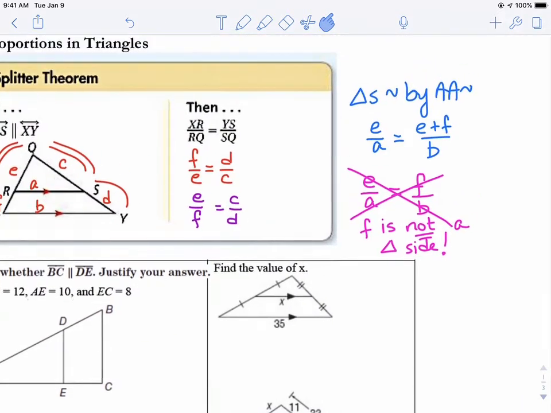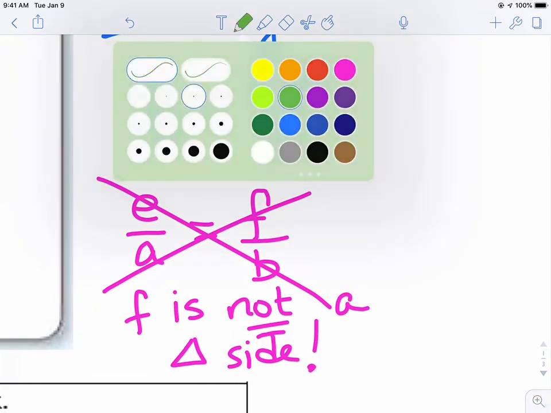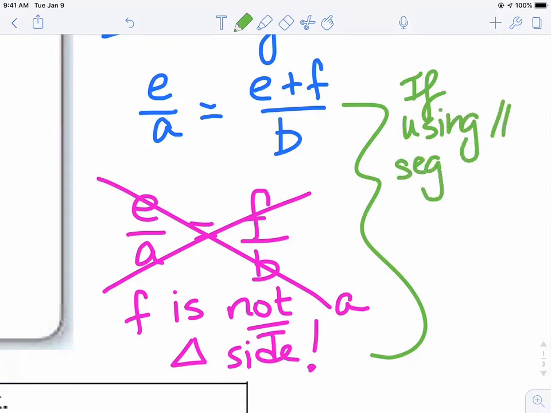Okay, so if you're using the parallel segments, then you must use similar triangles.